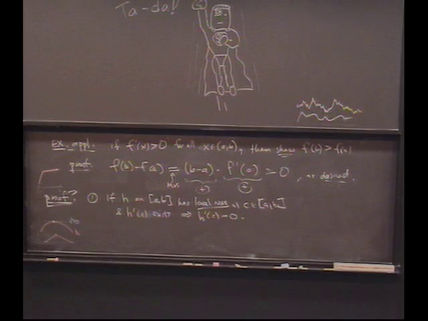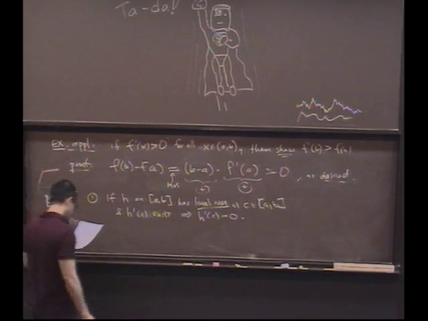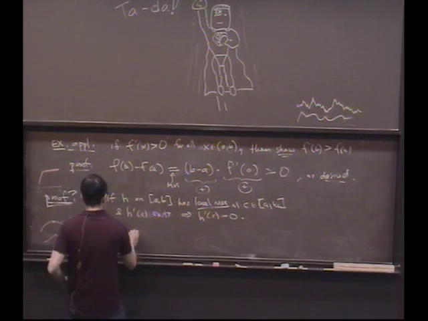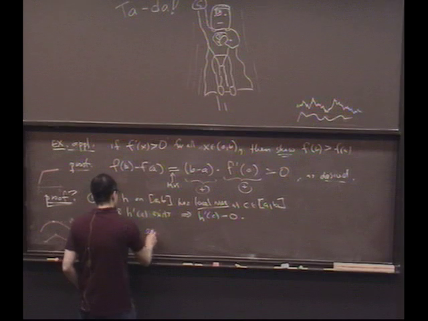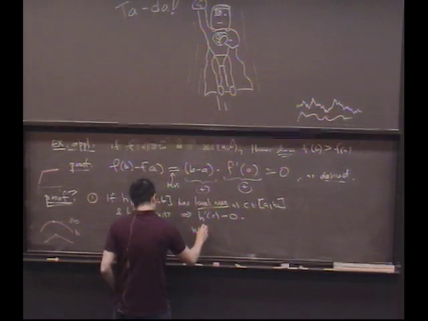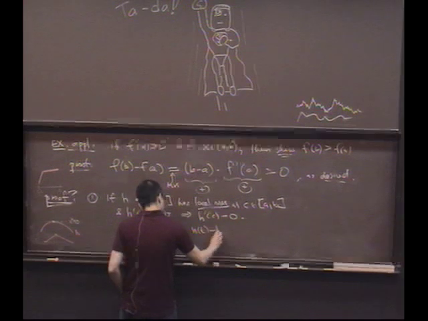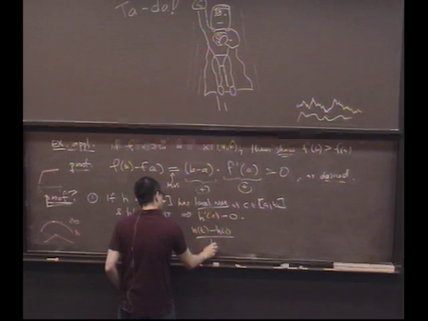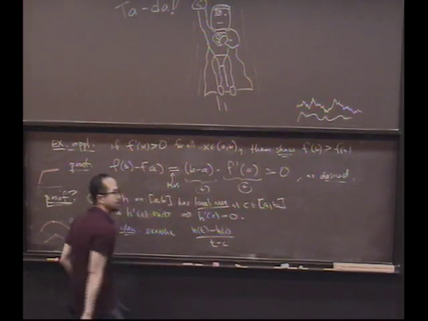Okay, well, this is actually not hard to show. Here's the idea of the proof. Just take a look at what you're taking the limit of. Suppose I look at h of t minus h of c and compare that to t minus c.